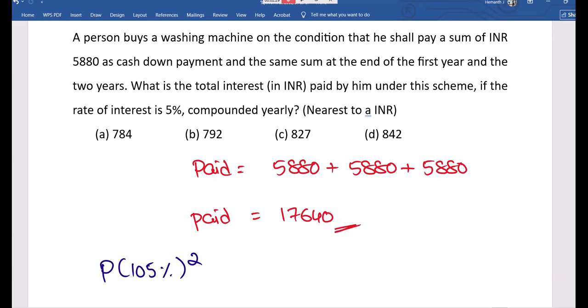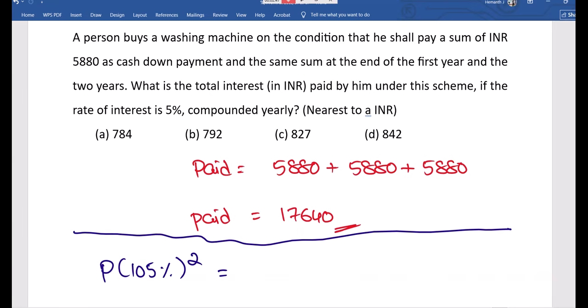You are clearing it after 2 years. But that is not equal to 17,640, and this is very crucial.